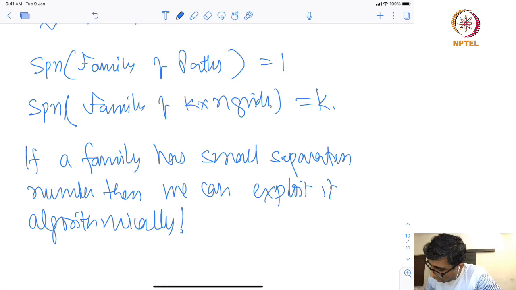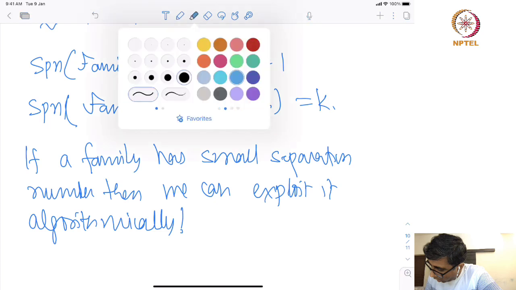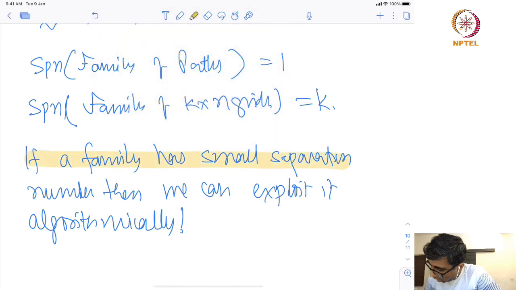This is our mantra: if a family has a small separation number, then we can exploit it algorithmically.